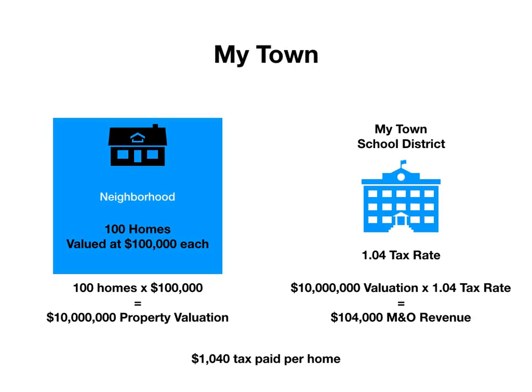With 100 homes, all worth $100,000, that means the My Town property valuation totals $10 million. When I take that valuation and the My Town School District tax rate applied, each homeowner would pay $1,040, with the school district collecting a total of $104,000 in revenue.